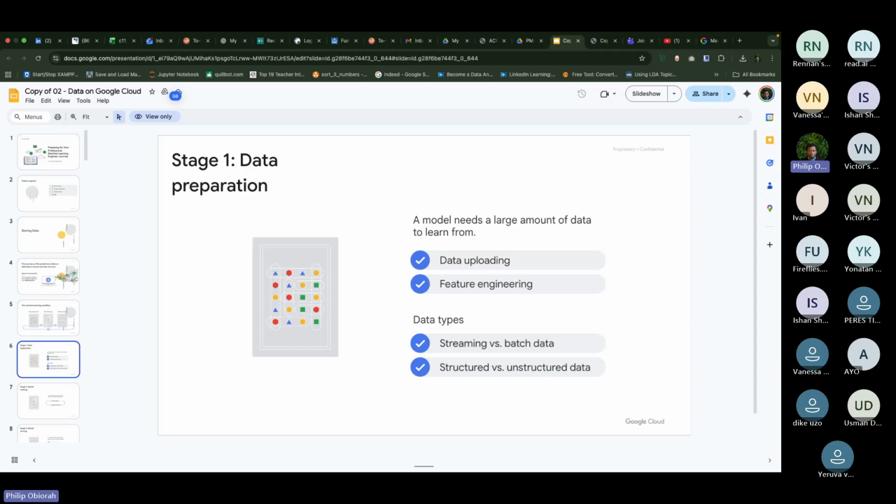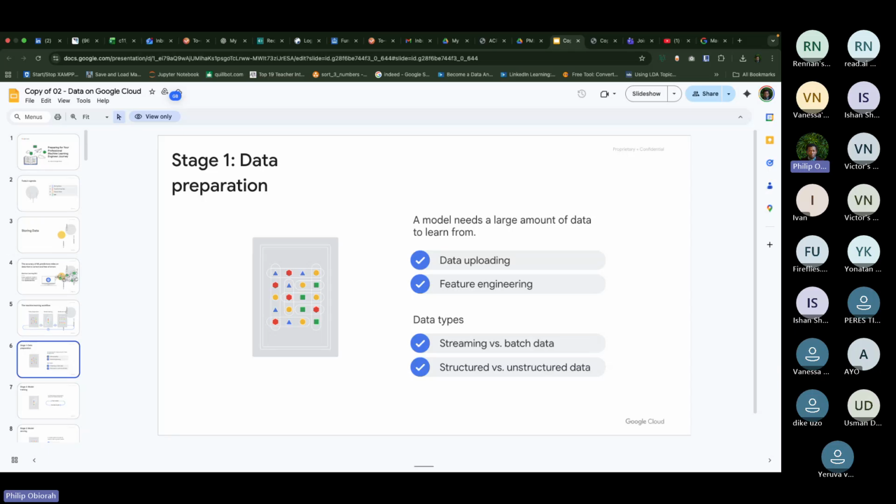Then we could also have batch data that you can process all together at once, analyze at once, and then produce the result of the analysis. But streaming data, you have to work on in real time, analyze it, transform it in real time, and also use it for prediction in real time. So these are considerations that have to be made when you're preparing your data. Is your data source a streaming system, or is it batch data?